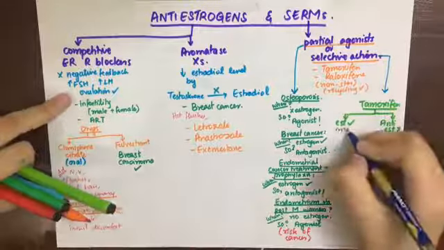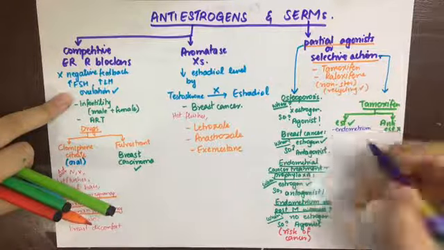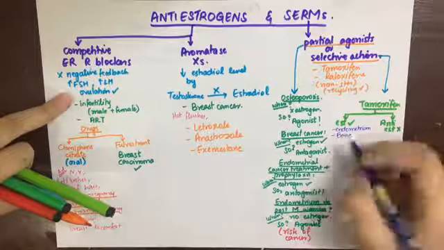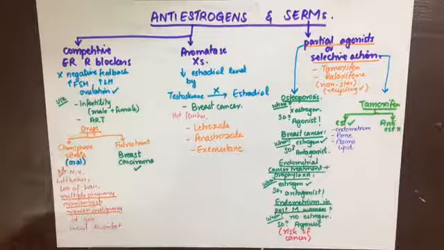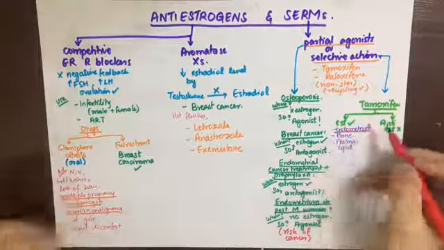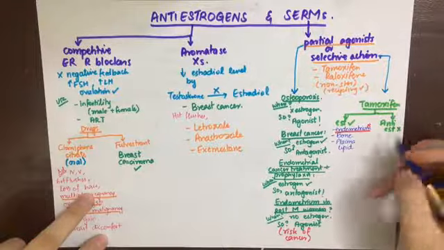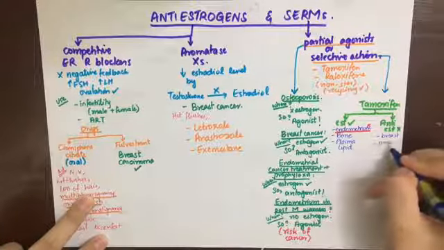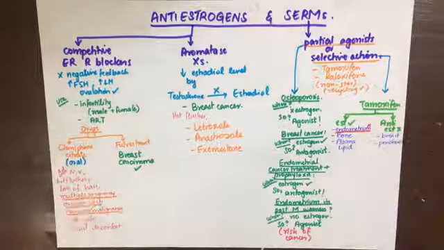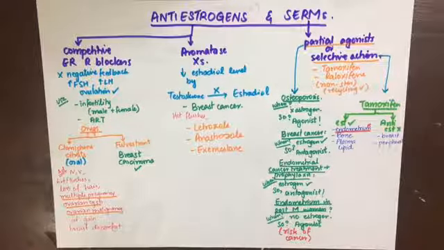On the bone, it causes decreased risk of osteoporosis, and on the plasma lipids, it will increase HDL and decrease LDL. So here we can see a side effect, that is endometrial proliferation and thus endometrial cancer. The anti-estrogenic effects are on the breast tissue and on the peripheral sites. In the breast tissue, it will decrease breast proliferation, and thus here there is a use.